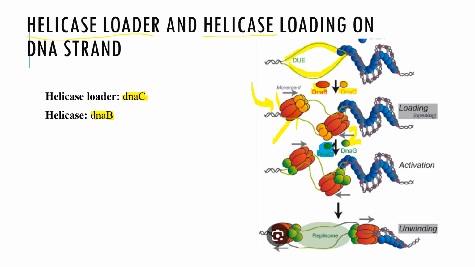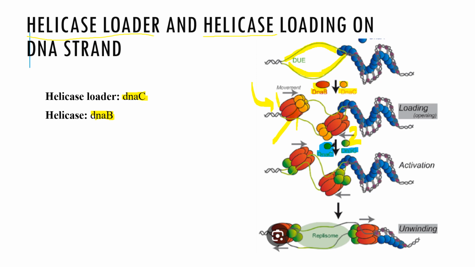After leaving the DNA strand, the next step is primer formation, that is done by DNA G. In case of the prokaryotes, the primer formation or the primase activity is performed by DNA G, and after that the process of polymerization will be carried out.